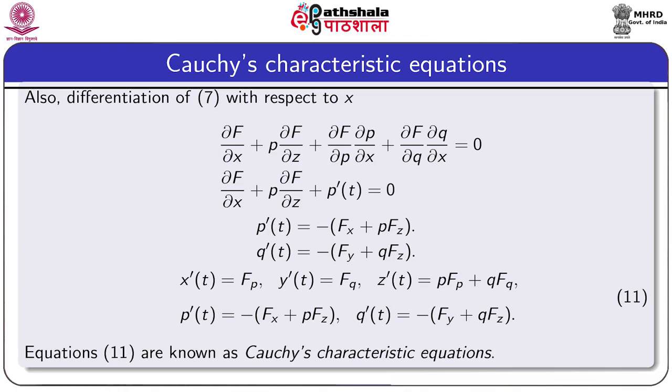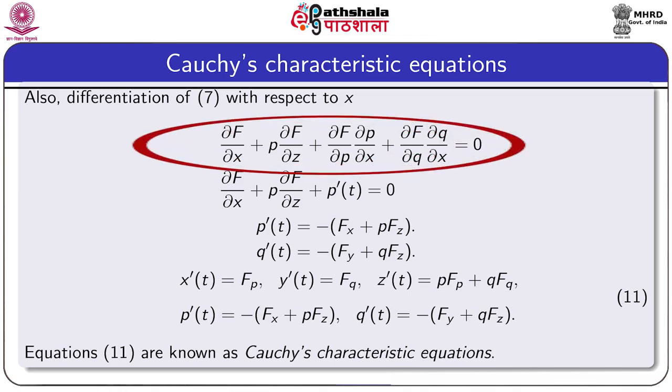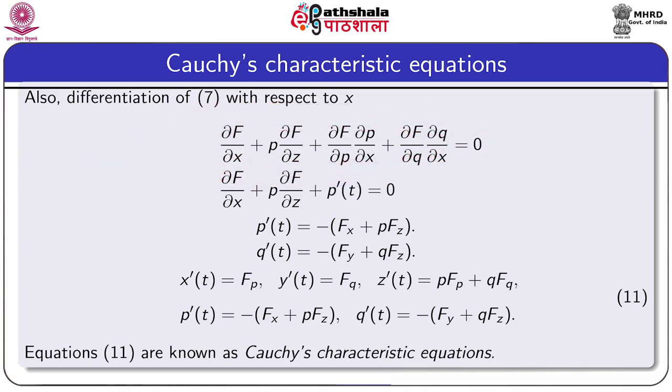Here, if we use the value of P dash T as ∂F/∂p ∂p/∂x plus ∂F/∂q ∂q/∂x, we can find the value of P dash T as minus of Fx plus P Fz. In a similar way, we can find the value of Q dash T as minus of Fy plus Q Fz.